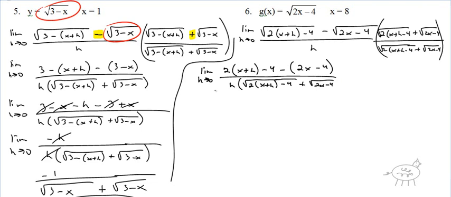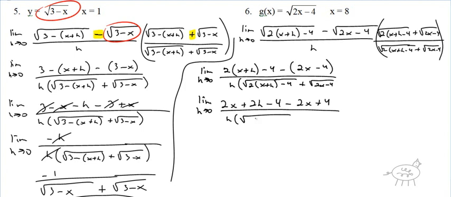Keep going here. Distribute the top, so we get limit as h approaches 0 of 2x plus 2h minus 4 minus 2x plus 4 all over h square root of 2x plus h minus 4 plus the square root of 2x minus 4. Okay, and of course the 2x's cancel and the 4's cancel.